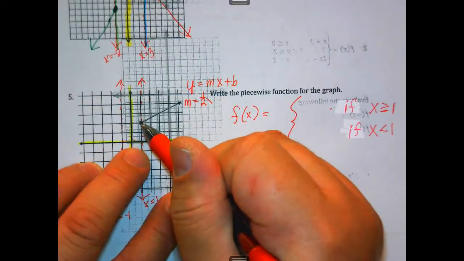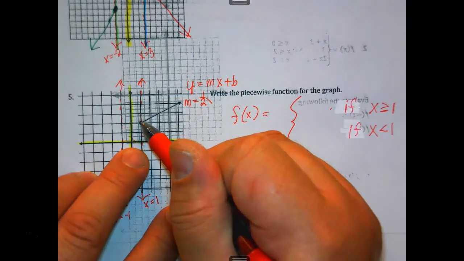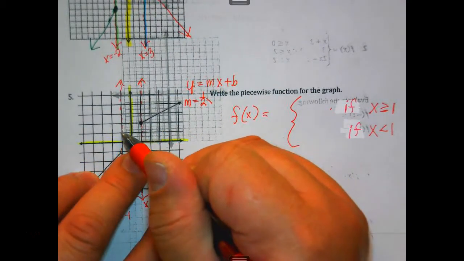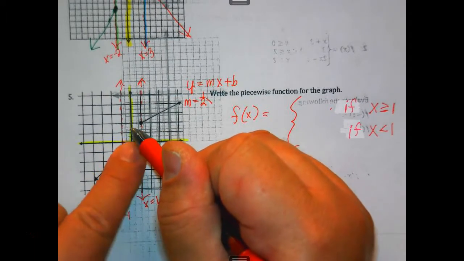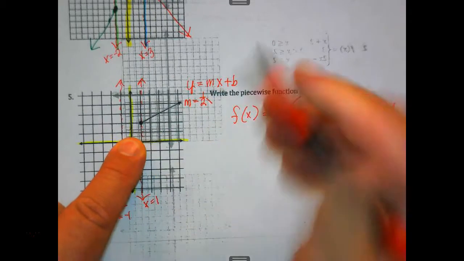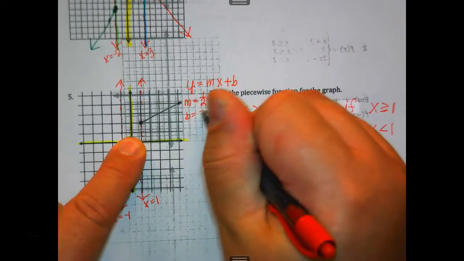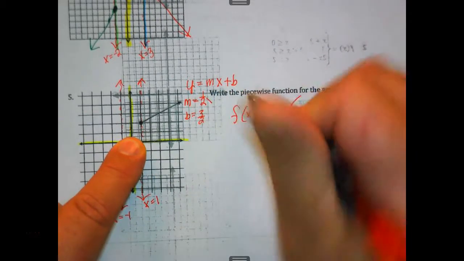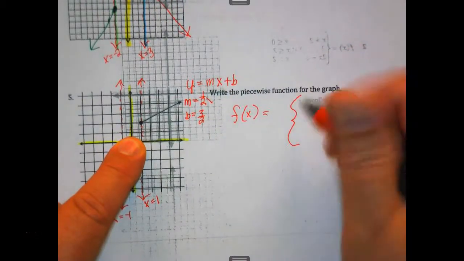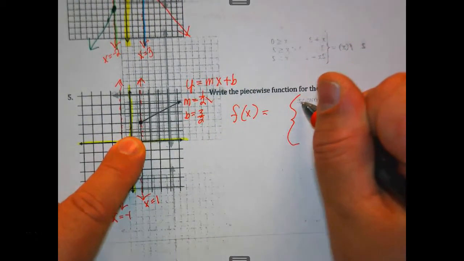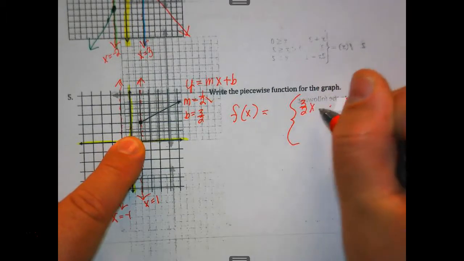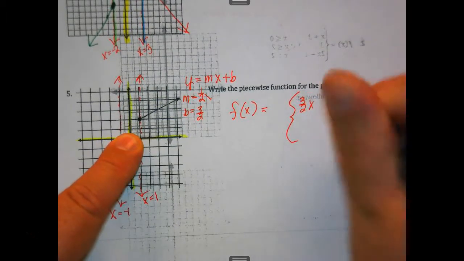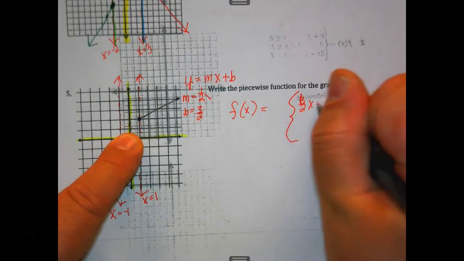If I were to continue this by slope, I'd be down 1 to the right 2. My y-intercept would be 1.5, wouldn't it? 3/2. So if I put this in slope-intercept form, I would have 1/2 x plus 3/2.